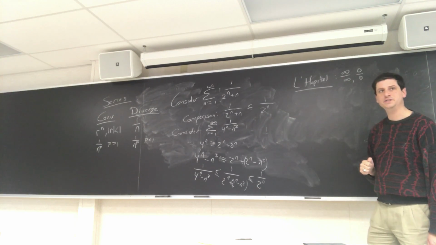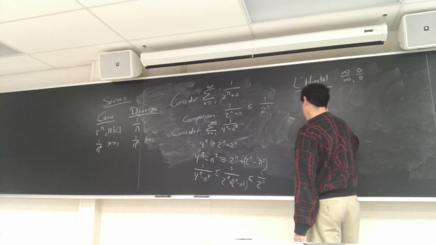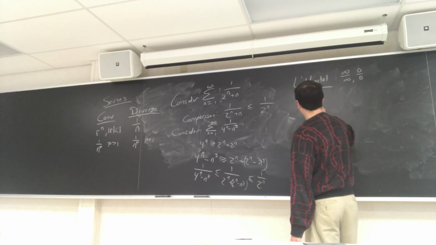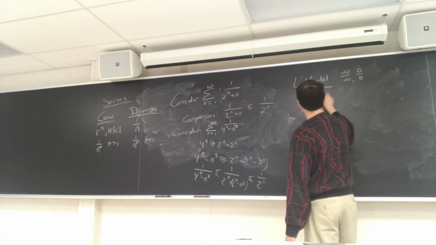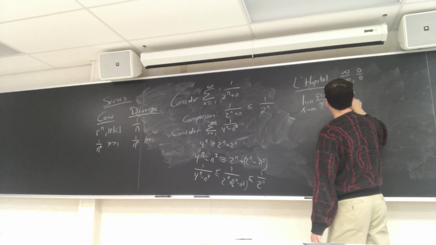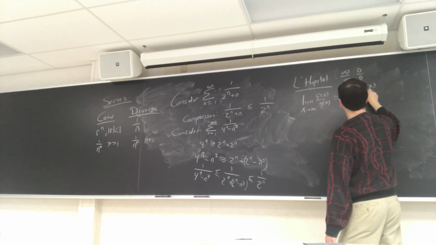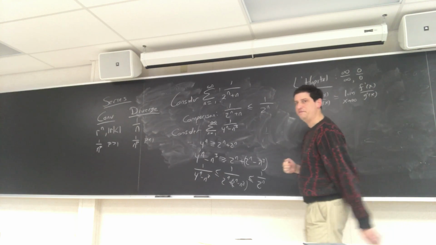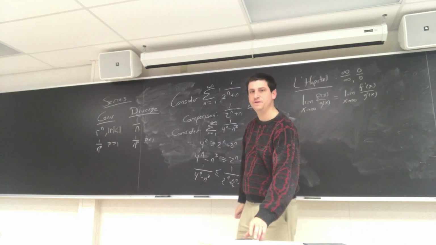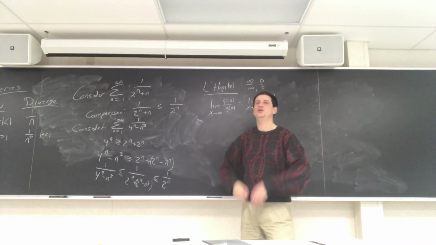And if you're in one of those cases, basically the limit as x goes to infinity of f of x over g of x is the limit as x goes to infinity of f prime of x over g prime of x. And if you still have 0 over 0, infinity over infinity, you L'Hopital again.